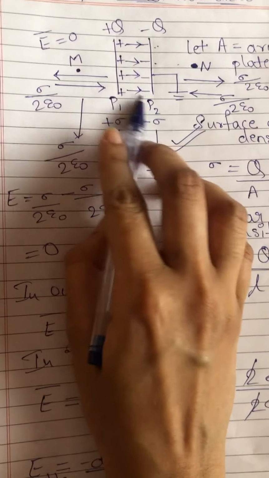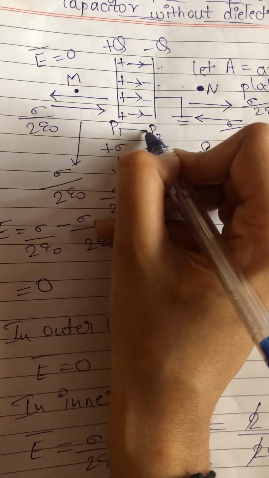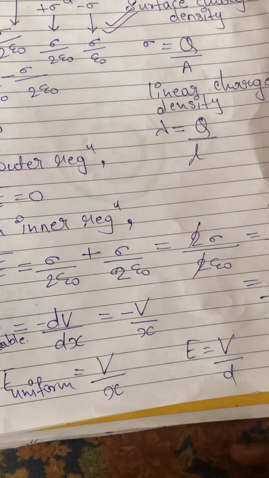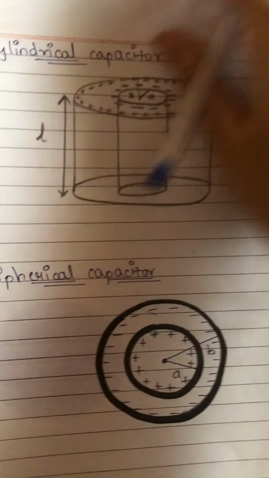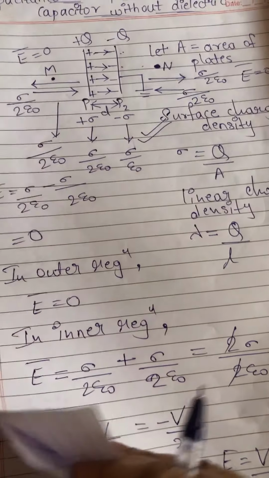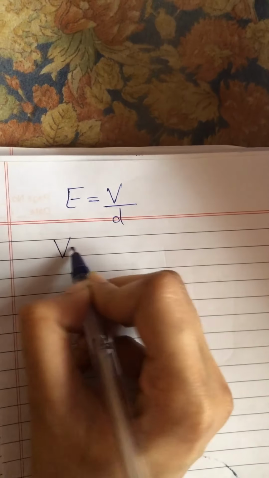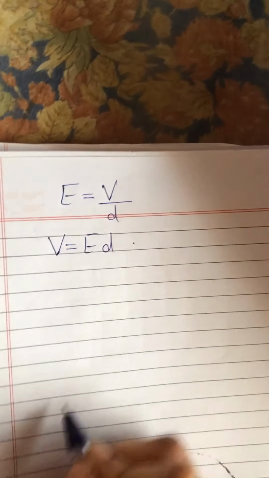X is the distance between the two plates, and here the distance between the two plates is small d. So instead of x, we will write v upon d. V is the potential. I'll come to the diagram part afterwards. So here E is equal to V upon d. So what is V? E into d.